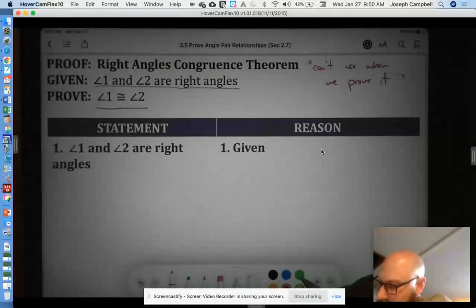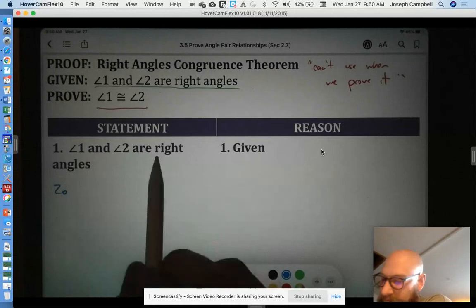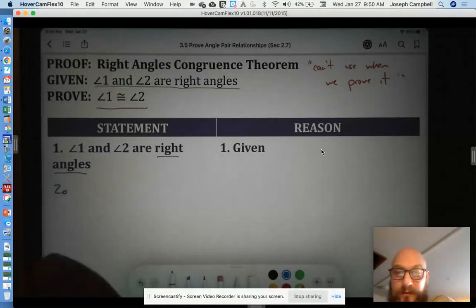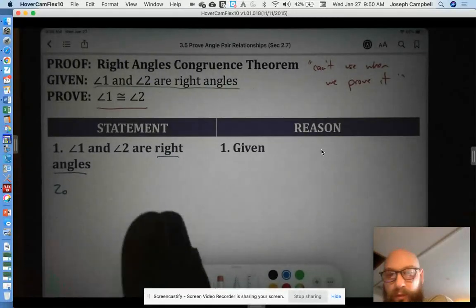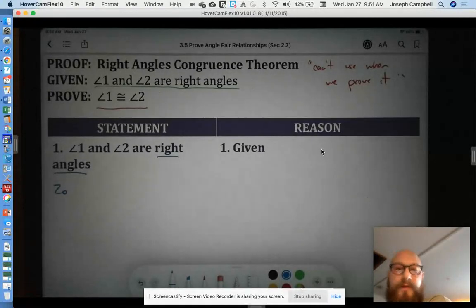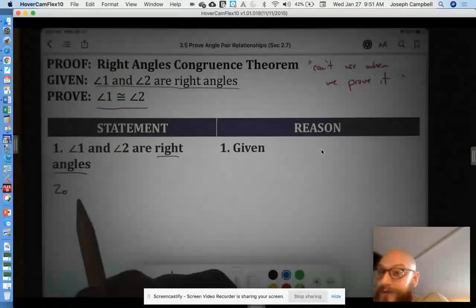All right, so think about, where does being right lead you? What does it mean to be a right angle? If you know what right angle means, you can relate this to something else. Remember, if we can get into equation world, like algebra land, then we can use all the properties of algebra. And there's a lot of them, so it's useful. Okay, so is there any way I can turn this into an equation or an equality?